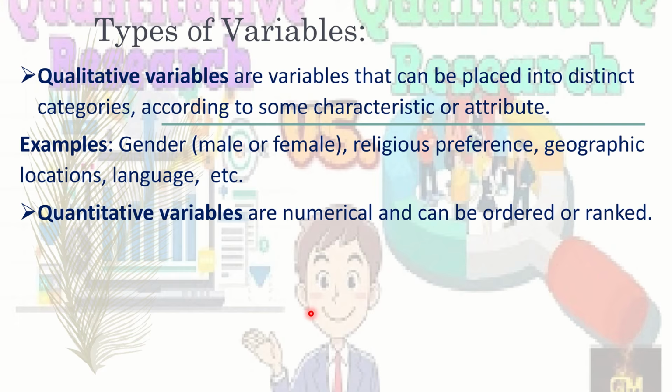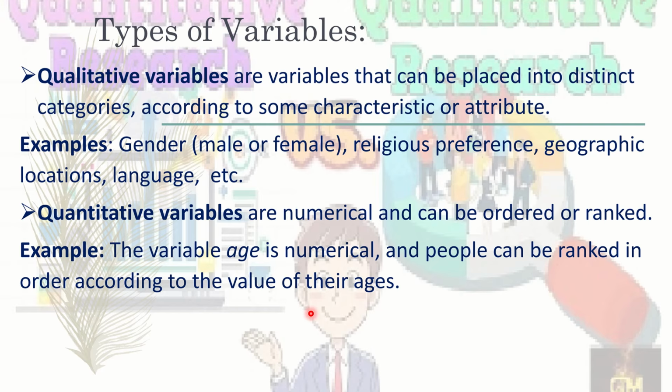An example is age. If we talk about age, it is a quantitative variable, but if you classify as a child, a young one, and a senior citizen, etc., that will be a qualitative one, not quantitative.